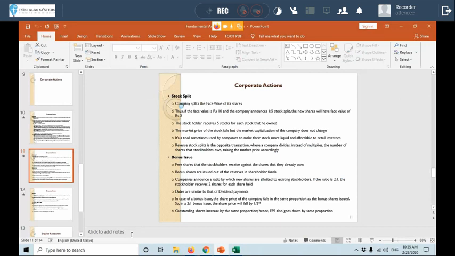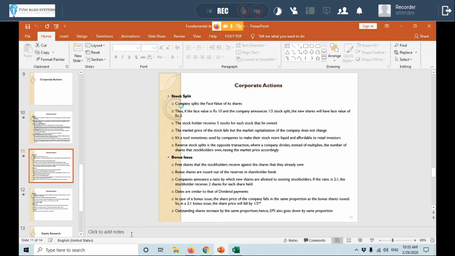Since I am a shareholder of Bajaj Auto, suppose I had only one share of face value 10 rupees. Now I will get the same face value in total, but the new face value will be 2 rupees.